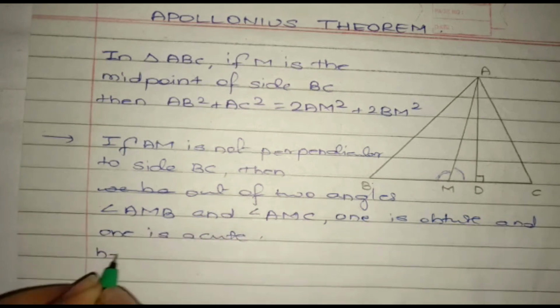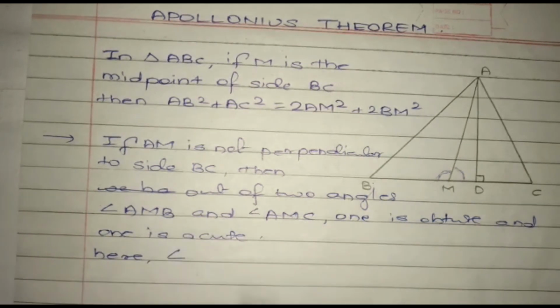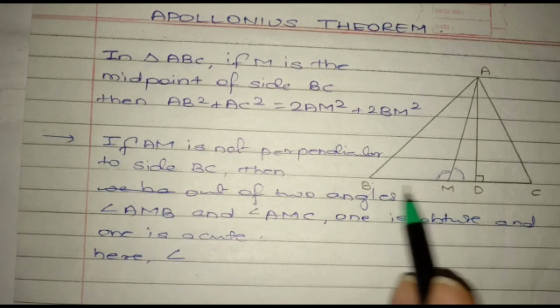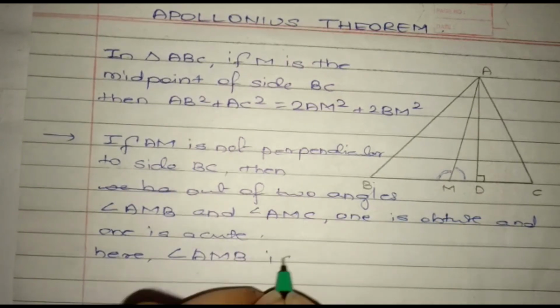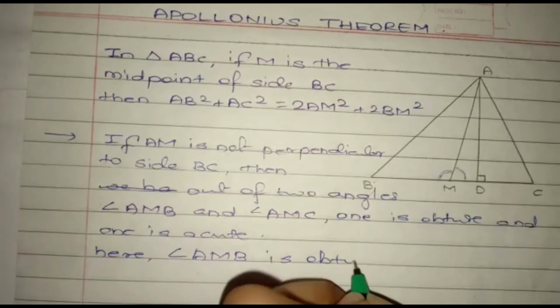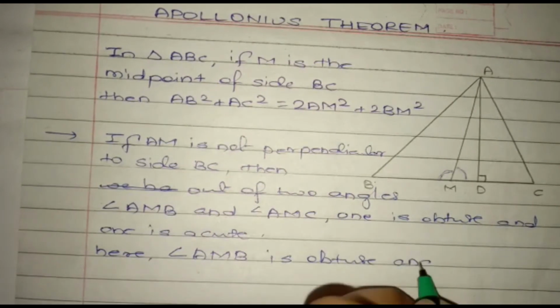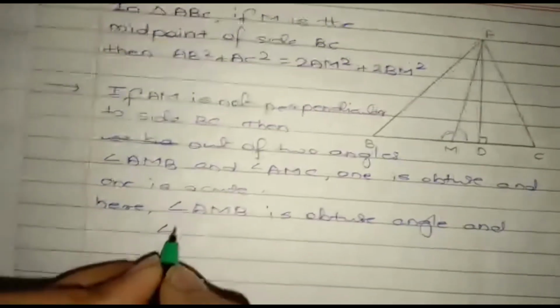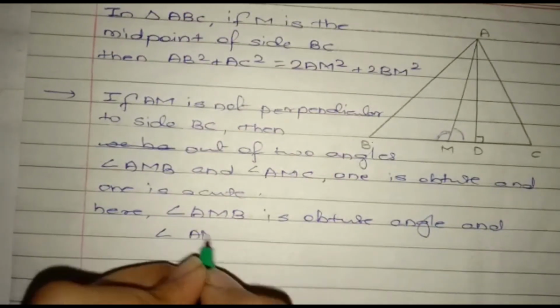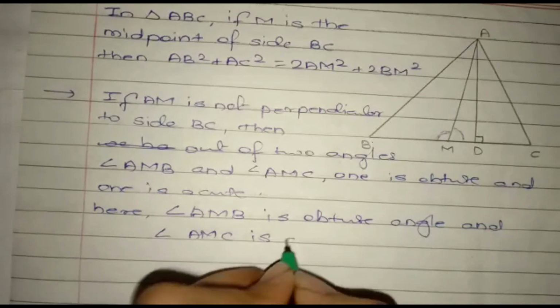Now here, we can see that angle AMB is obtuse, therefore here angle AMB is obtuse angle and angle AMC is acute angle.